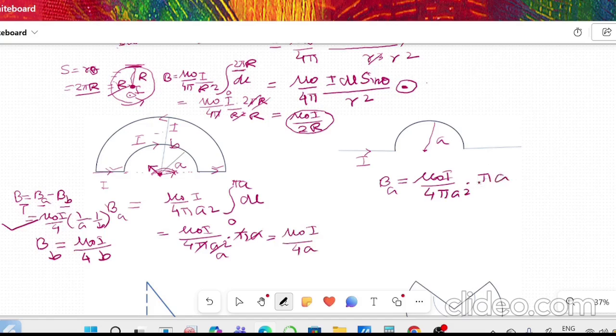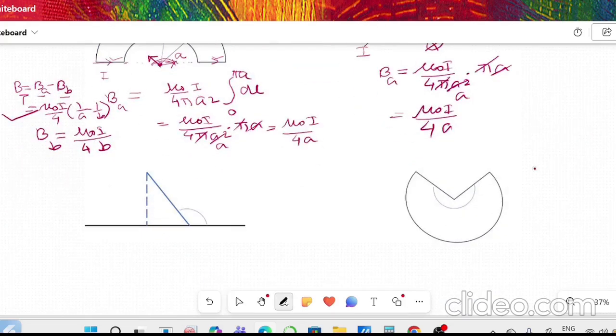The integration over dl is pi into A. So this will cancel out, and this will become A. So this is simply mu 0 I by 4A. And here also the direction is going into the page, because if you grab this with your hand, then your fingers are like this. So in this case, the magnetic field is going into the page.